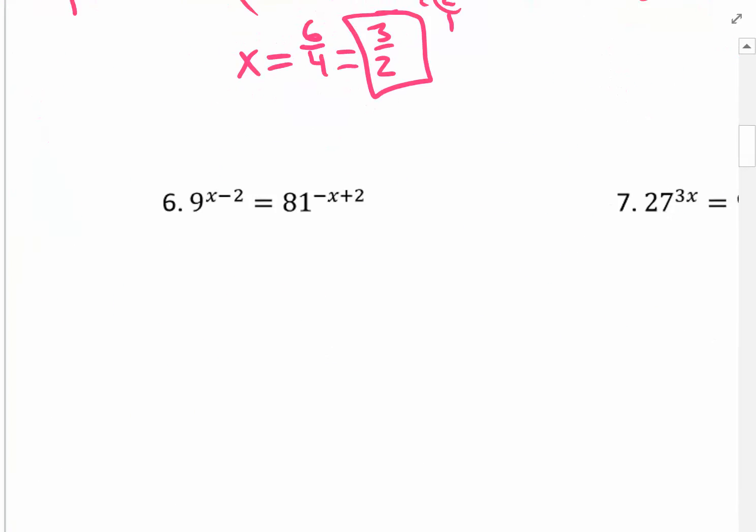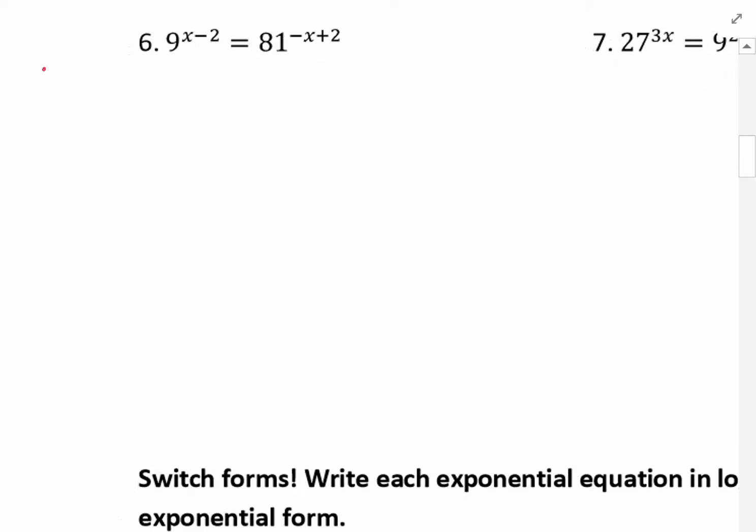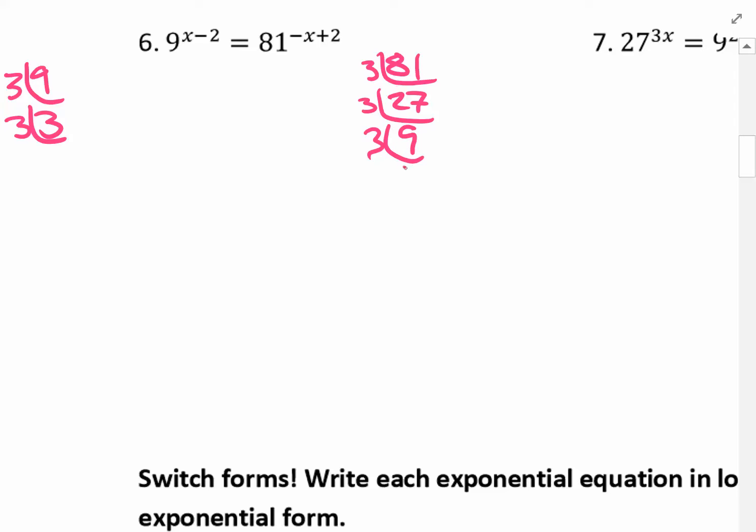Let's keep going. 3 more of this kind. Problem 6, we need to hedge both sides. We hedge 9 by some 3's and 81 by some 3's. So 9 makes 3 squared, don't forget the exponent, and 81 makes 3 to the 4th, don't forget the exponent.